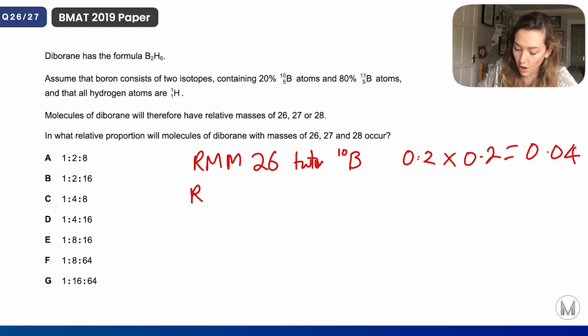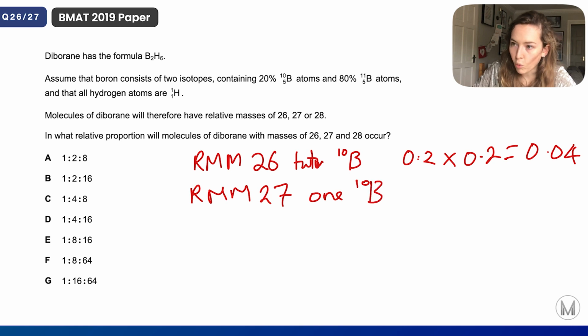Now, if we've got an RMM of 27, we've got 2 options here. So it's made up of 1 boron-10 atom and 1 boron-11 atom. There are 2 combinations here that we could have.